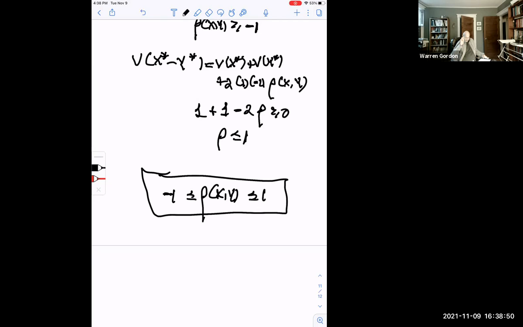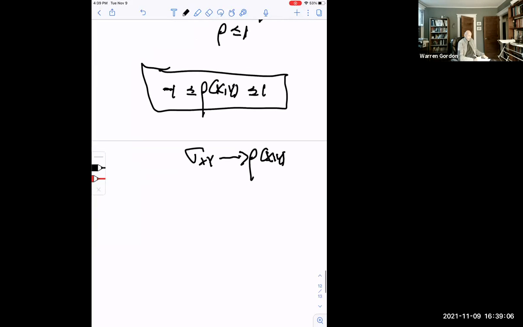That's a nice result. And that's why it's so beautiful. That's why we now have a measure. Instead of using sigma of XY, we replace it by rho of XY, because sigma is not well behaved.